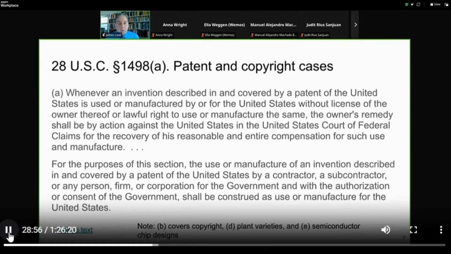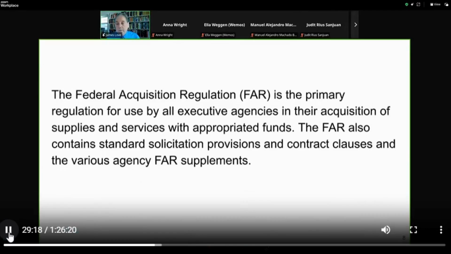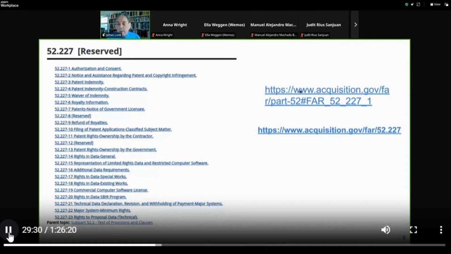Now, this is what the U.S. statute looks like. It says whenever an invention is described in and covered by a patent in the United States without the right to use it, your remedies are limited to money, getting compensation. The way this is implemented in practice is there's something called the Federal Acquisition Regulations, and it covers all federal agencies. Basically, it looks like this.